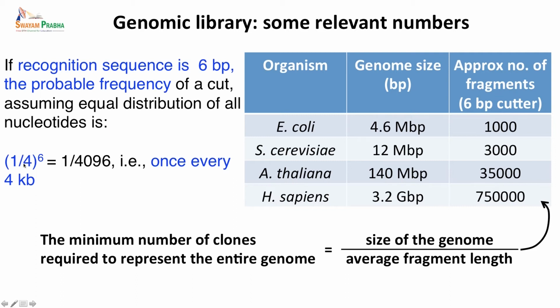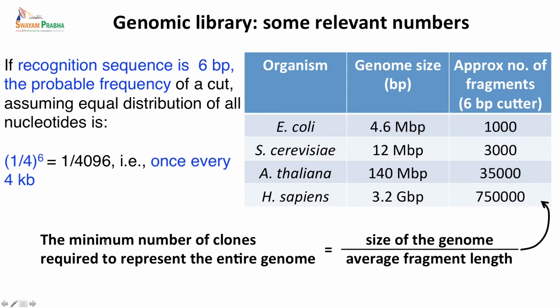Only then will you have, at every one of the 6 positions, an equal probability of the 4 different bases being present. Therefore, this is a theoretical number that we arrive at, that the likelihood of finding a 6 base pair site is once every about 4 kb fragment of the genome.